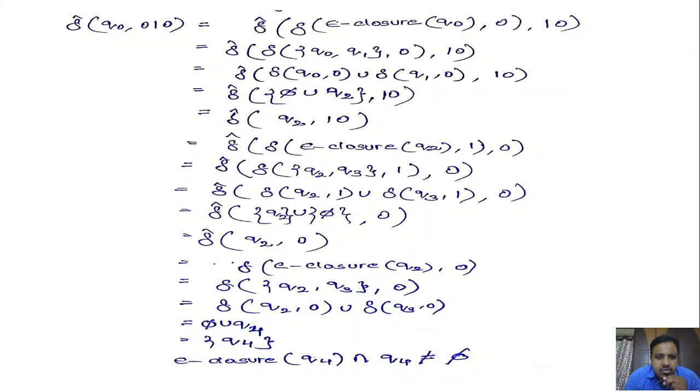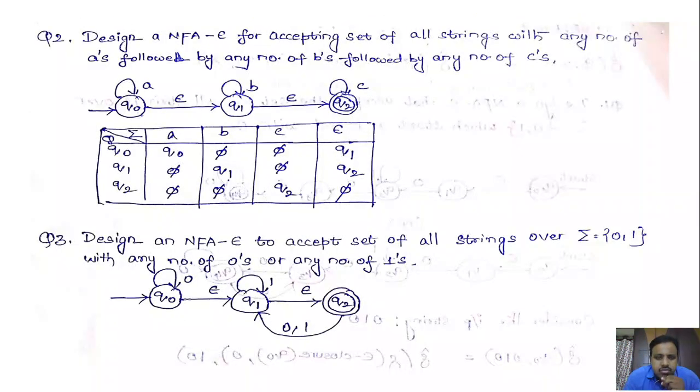Here we use the epsilon closure before the transition, and once we get the result of the transition function, we again perform the epsilon closure. These are the problems we have seen in the previous sessions.